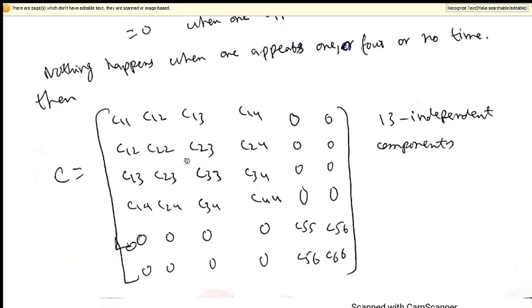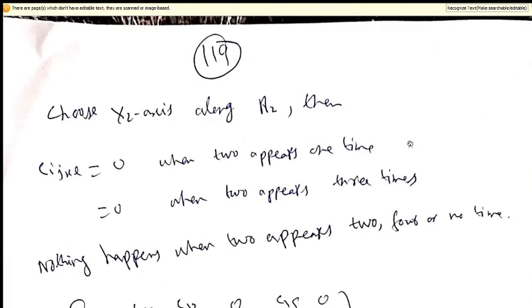And by similar arguments you will write all other components, and it will also have 13 independent components. And if x2 along a2, then we will look at number 2. When 2 appears 1 time or when 2 appears 3 times, the result will be 0. Nothing happens for the other cases.